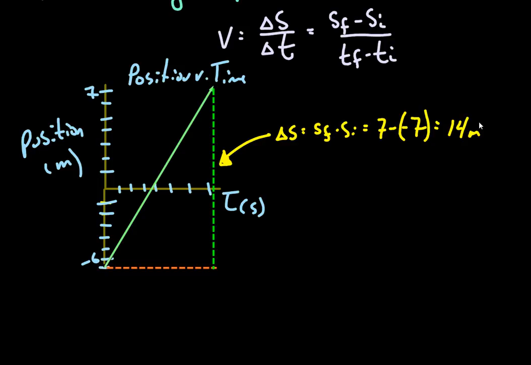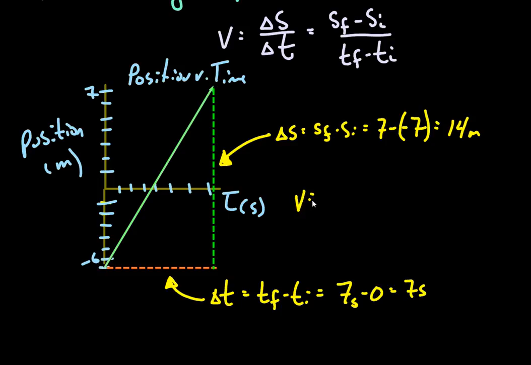And then time here, delta T, is equal to final time minus initial time. In this case, it's 7 seconds minus 0 seconds equals 7 seconds. And we said then that velocity was equal to delta S over delta T, which is 14 meters over 7 seconds, which is the 2 meters per second that we saw up there.